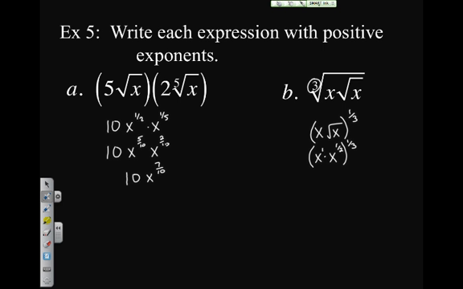Continuing to simplify, 1 plus 1/2 is x to the 3 halves, raised to the 1/3, and then power of a power, we multiply those. 3 halves times 1/3 is x to the 3/6, which is x to the 1/2 power. So all of that actually ends up simplifying to just be the square root of x, or x to the 1/2 power.